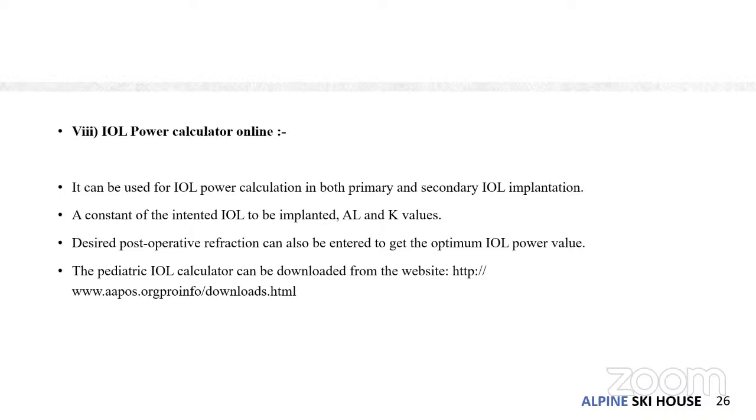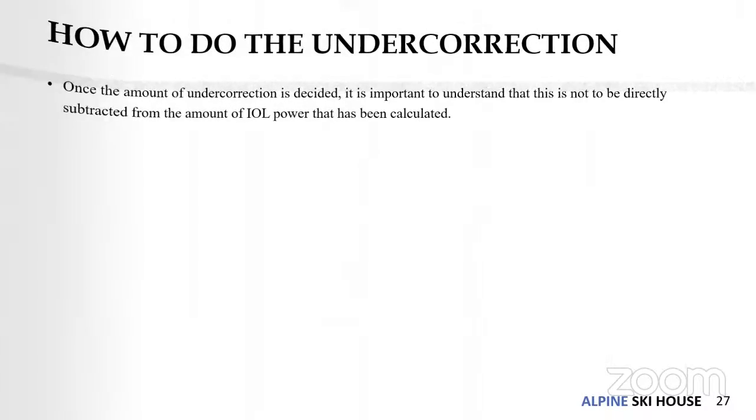The desired post-operative refraction can be entered to get the optimal IOL power value. How much the under correction is, is most important. Once the amount of under correction is decided, it is important to understand that it is not to be directly subtracted from the amount of the IOL power that has been calculated.